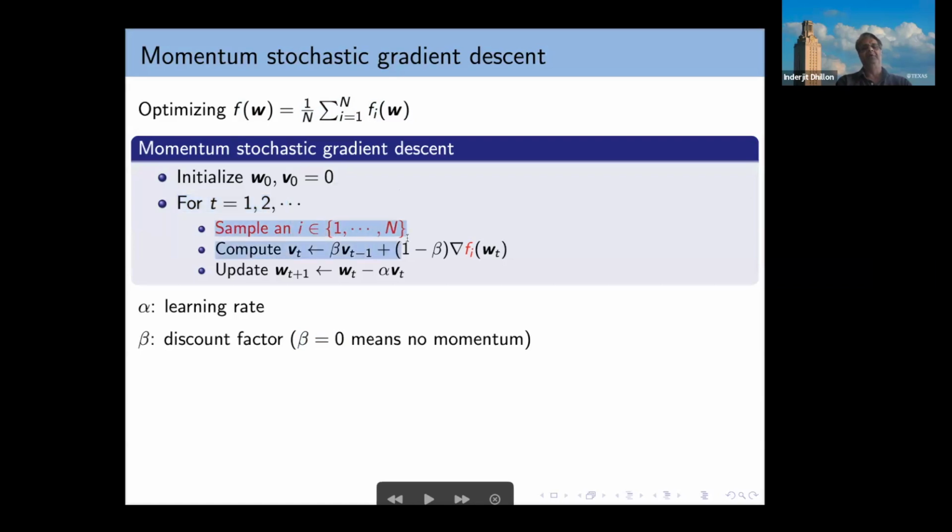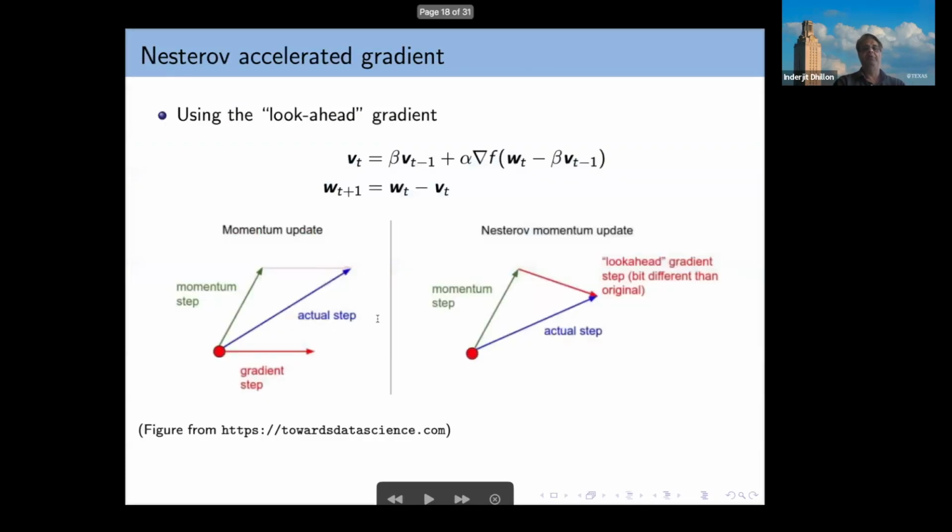At each step, you sample exactly 1 point, you update your momentum, and then you take a step in the direction of that momentum. This should actually be alpha t, since the learning rate needs to decrease.